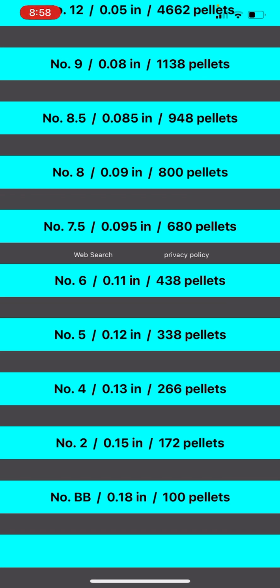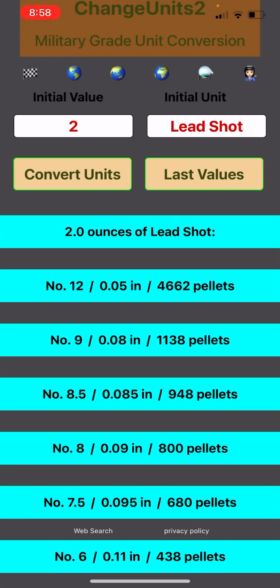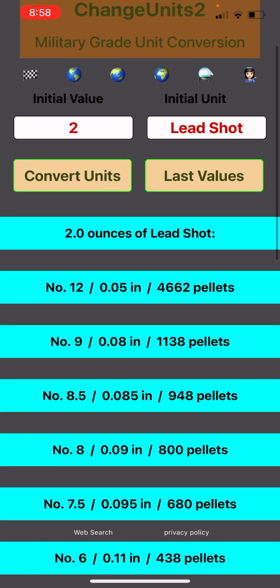In shotgun, the lower number is usually bigger, and here you're seeing the shot size like 0.15. That's a big piece of shot, and 2 ounces of that is 172 pellets versus a number 9, 1100 pellets. A number 9 would be what you would use to go shoot a clay pigeon or something. It's a little random, but it's here for a reason.